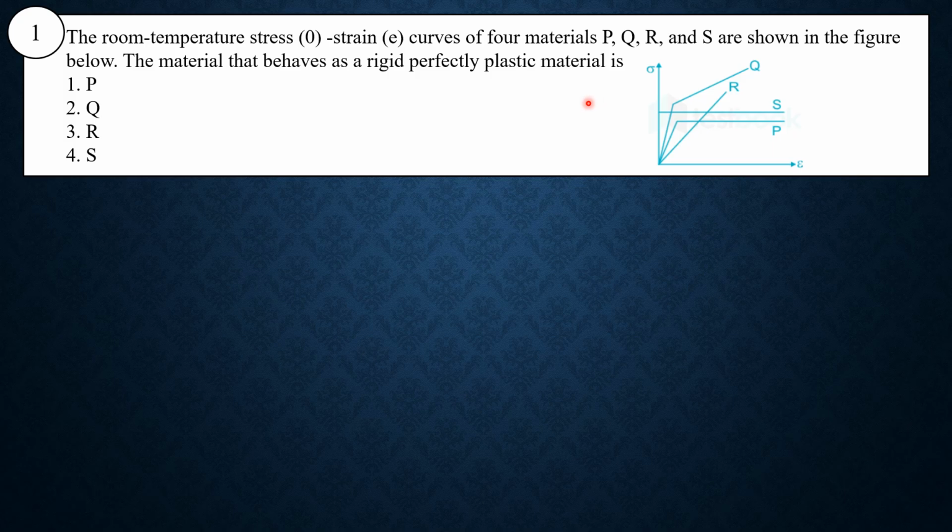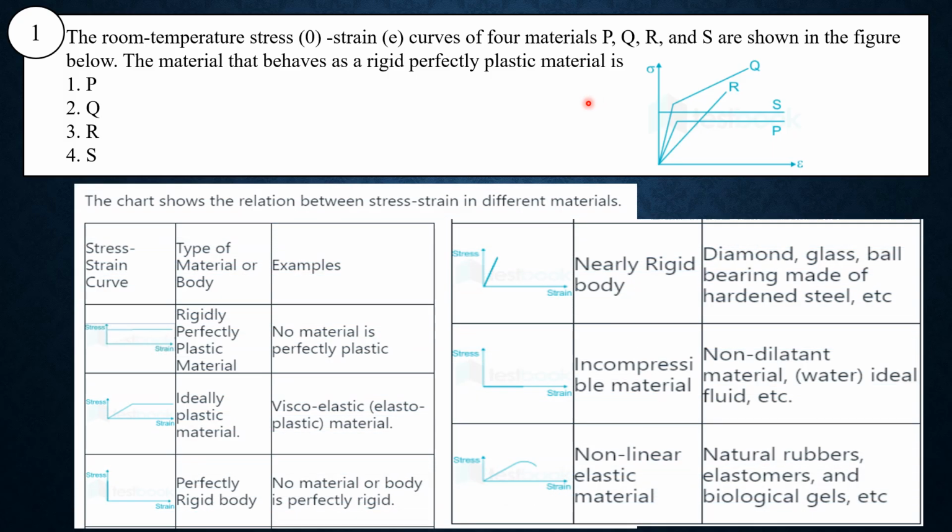From this chart, for a rigid perfectly plastic material, the graph is parallel to the strain axis, that is, horizontal. So here S behaves as a rigid perfectly plastic material. So option number 4 is correct.